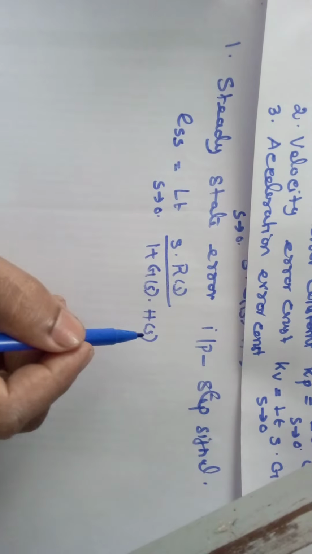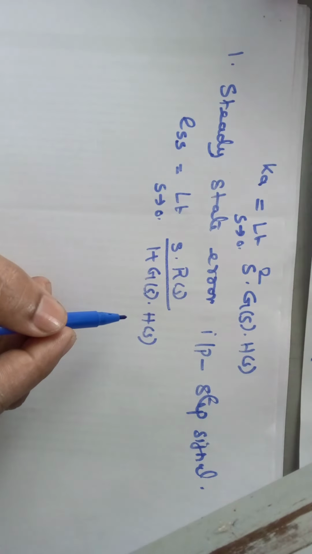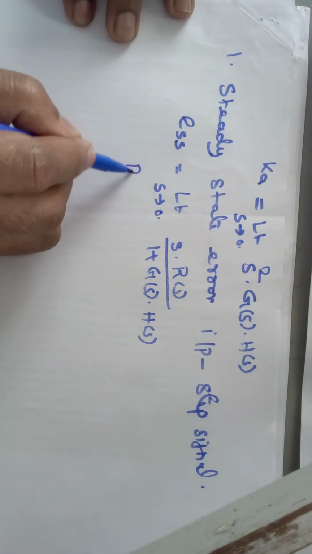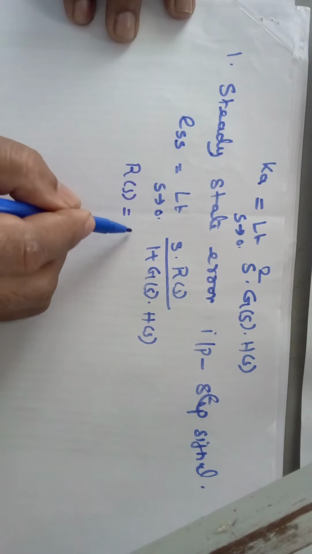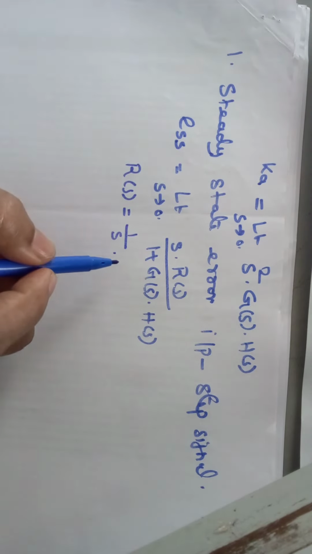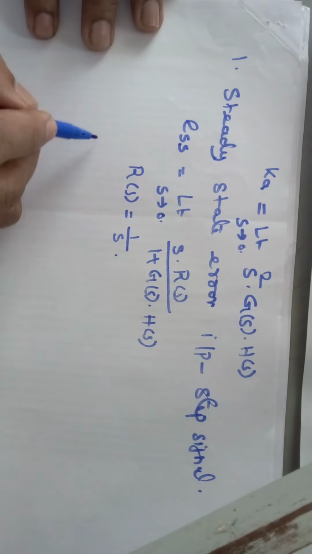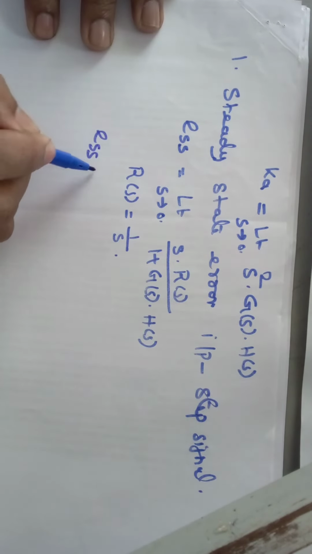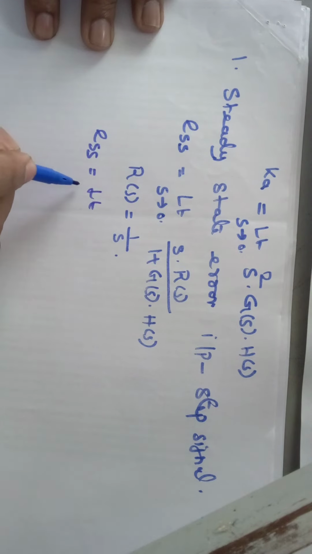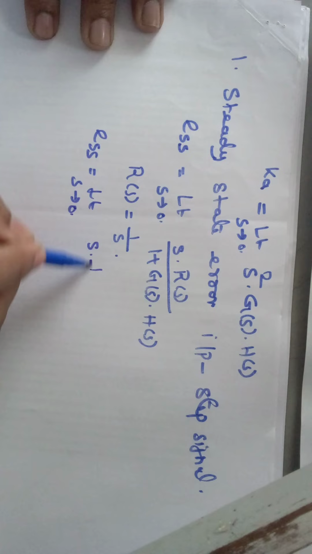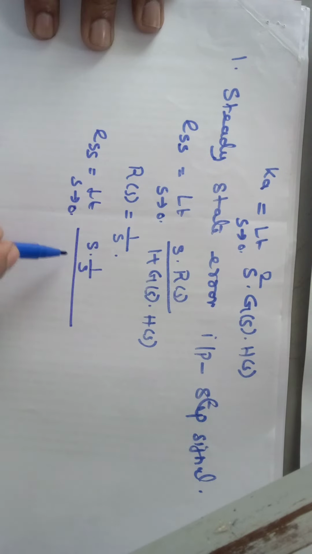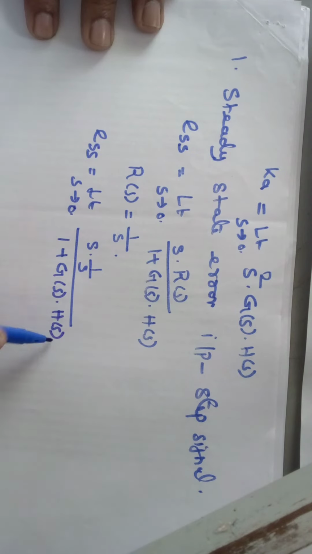When your input signal is a unit step signal, then of course your R(s) will be equal to 1 by s. Once you apply this R(s) equal to 1 by s in this equation, you will get ESS equal to limit s tends to 0 of s into 1 by s divided by 1 plus G(s) into H(s).